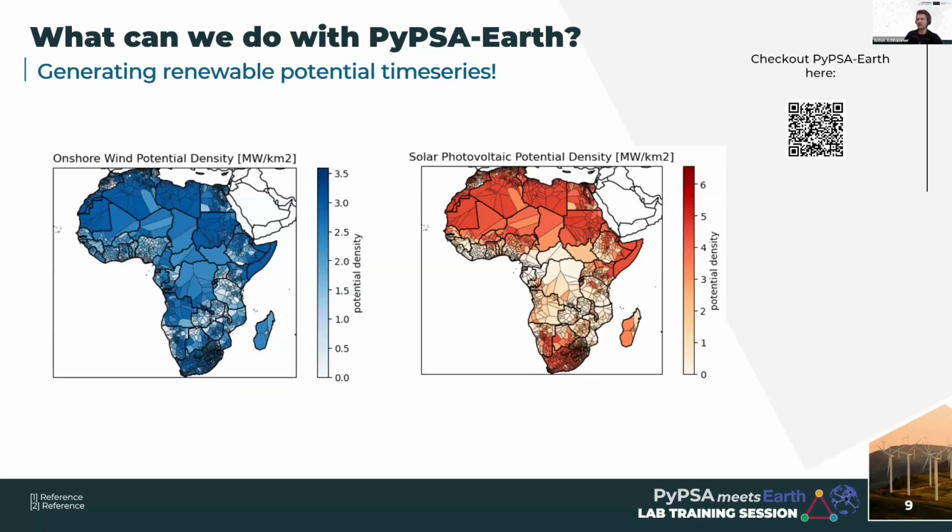You can also generate renewable potential time series. For example, here we have potential maps for wind and solar potentials. You are probably wondering why this looks a little bit different to, for example, the Global Wind Atlas or the Global Solar Atlas. In PyPSA-Earth, we also take into account land use constraints.